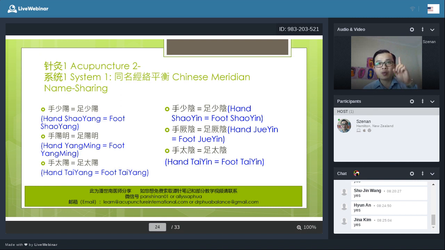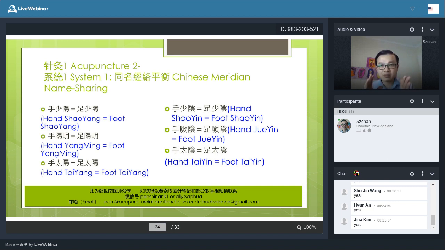If in acupuncture 1 the meridian is hand shao yang, then in acupuncture 2, the balance meridian, we still use shao yang, but we change the hand to foot, which is foot shao yang. Do you get me?